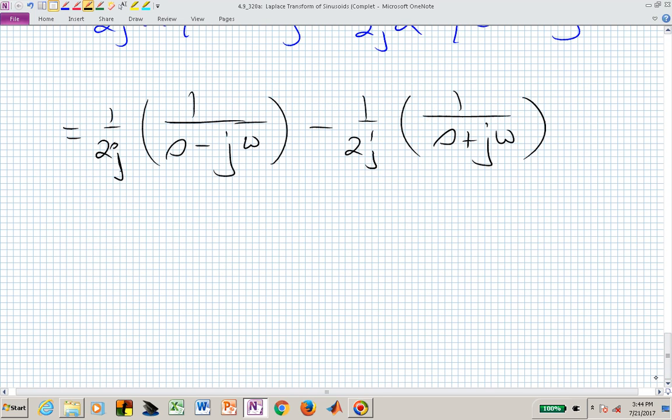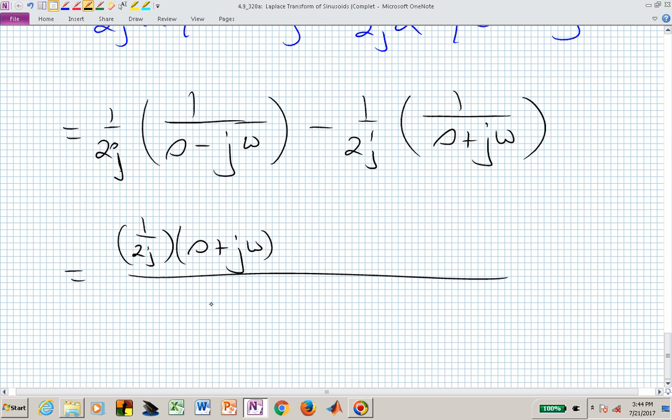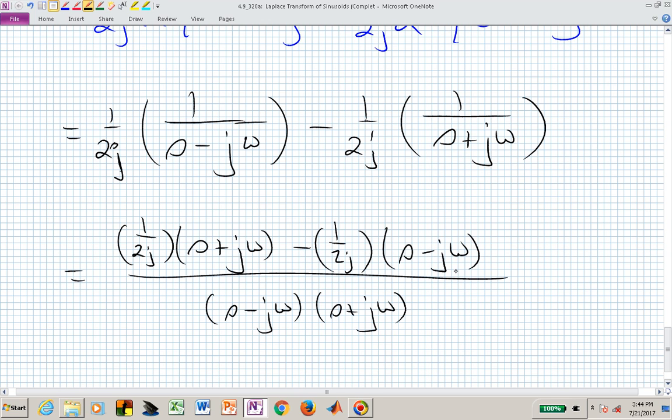And now we simply combine these like we did before. We have 1 over 2j times s plus j omega. Again, our denominator is the product of the two denominators, which we know is going to simplify to s squared plus omega squared, and the numerator to complete it is now 1 over 2j with a minus sign multiplying s minus j omega.